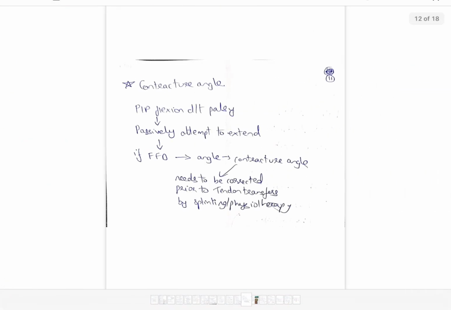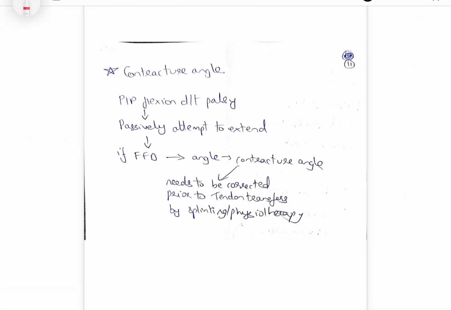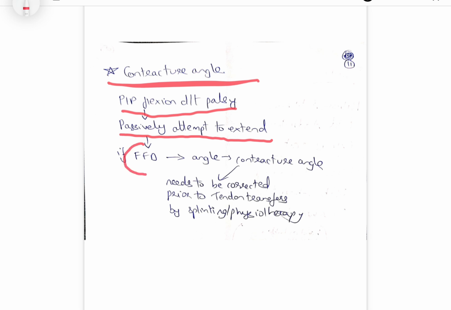Okay. Now the second pre-op evaluation is we need to see the contracture angle. So what was the pathology at the IP joint? The IP joint was flexed due to the ulnar nerve palsy. Now what do we check pre-operatively? We check whether we are able to passively extend the IP joint. But if the flexion at the IP joint is fixed, if there is a fixed flexion deformity, we check the angle, which is known as the contracture angle.